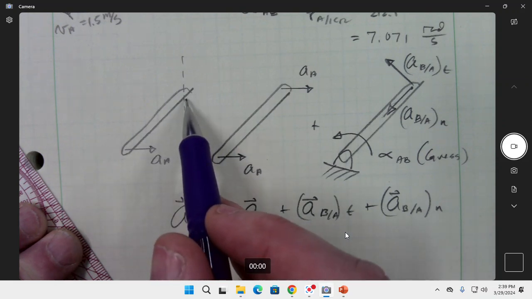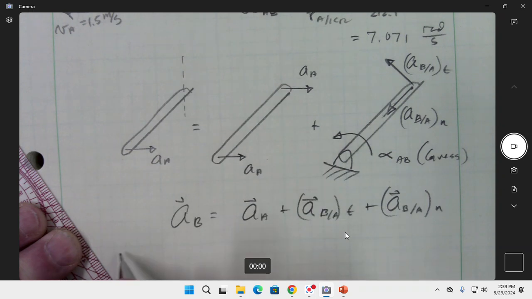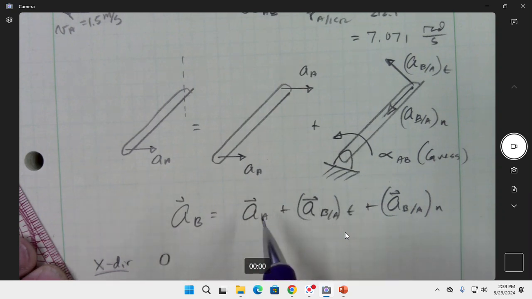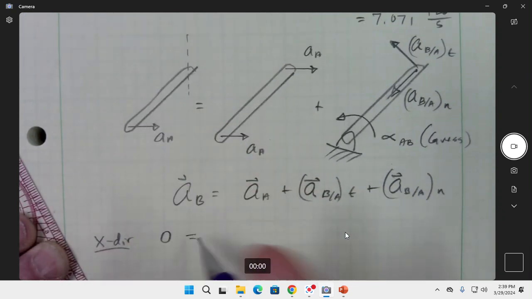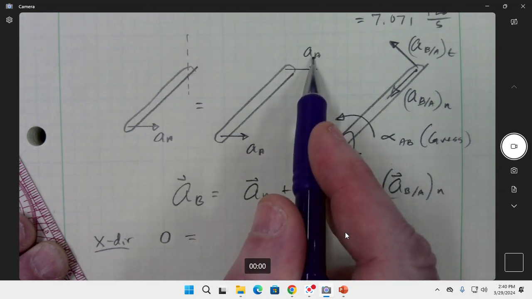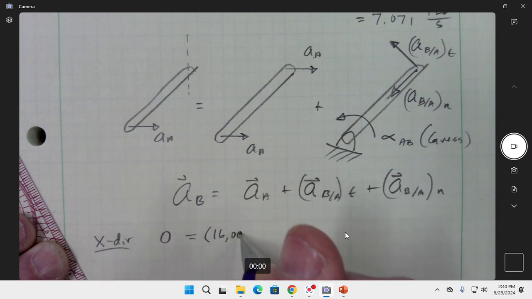In this case, actually, the x direction is going to be our good friend. So we'll go the x direction first, because it starts out with 0. And then we're going to have a value of 16. I'm going to stick with millimeters, 16,000.